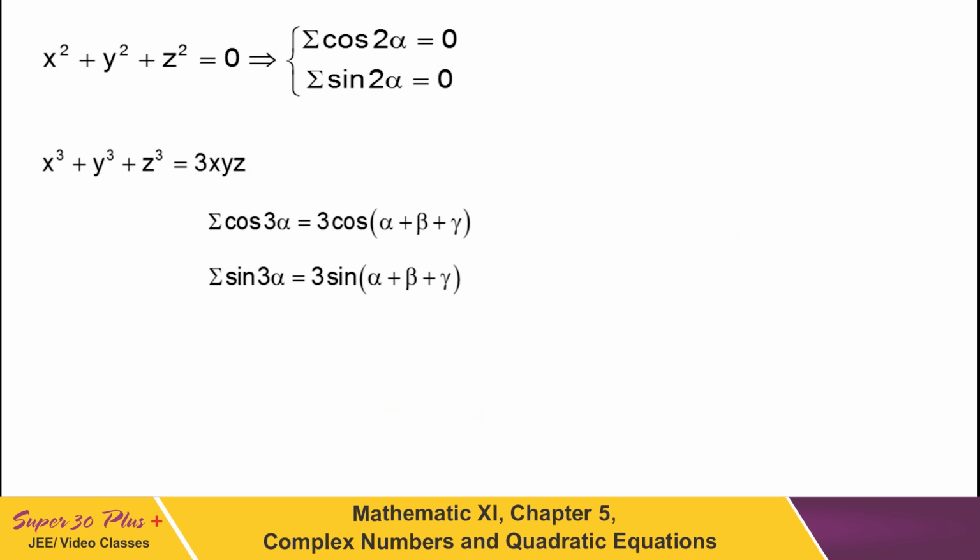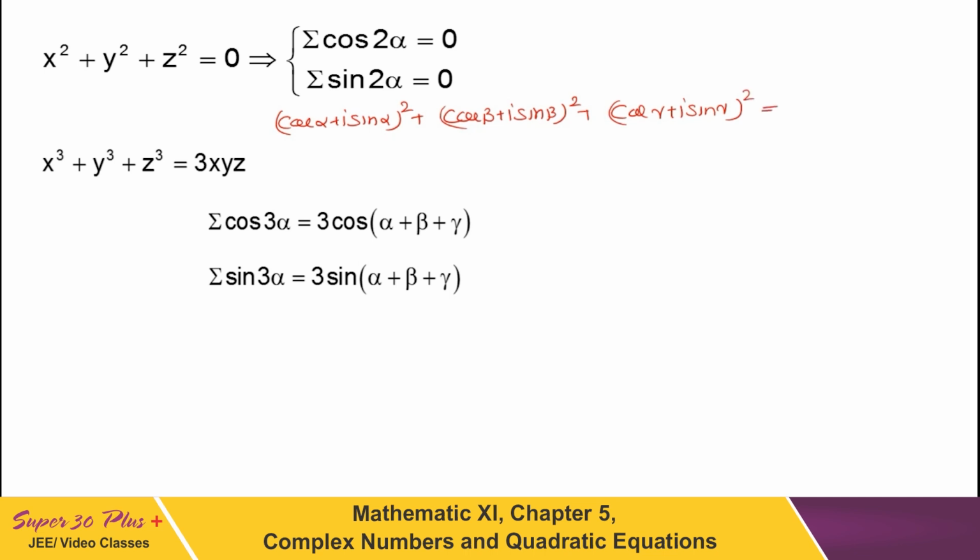Students, from the previous slide, it is confirmed that x² + y² + z² is equal to 0. Then if you put the value of x here, it is (cos α + i sin α)² + (cos β + i sin β)² + (cos γ + i sin γ)².